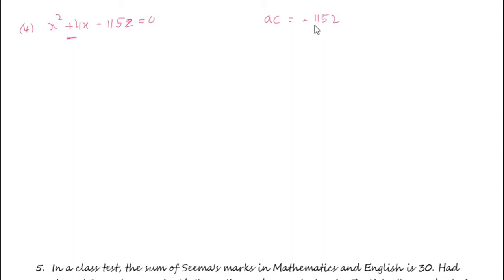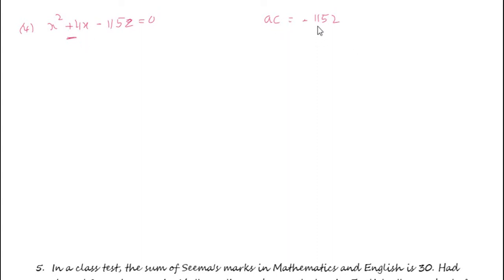When you multiply, it must be minus 1152. When you add, it must be plus 4. That means out of the two factors, one factor is negative so that the product is negative, and one factor is positive, and the larger factor is positive, so the middle term here is positive due to that.